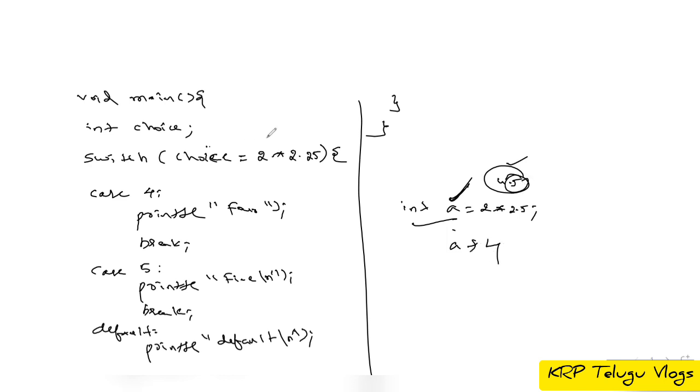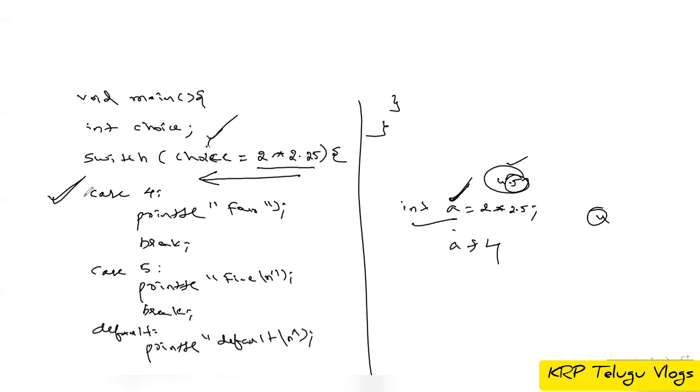So now here what will happen? Case 1, case 4. It will go to case 4. 2 into 2.5 is 4.5, but whenever it assigns, the assignment goes from right to left, and it will take only 4. So it will go to case 4. Clear? Sir, if you give float, it will take 4.5, right?